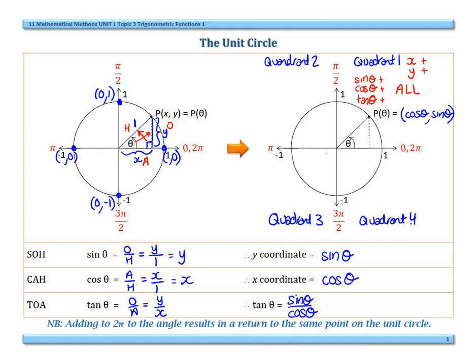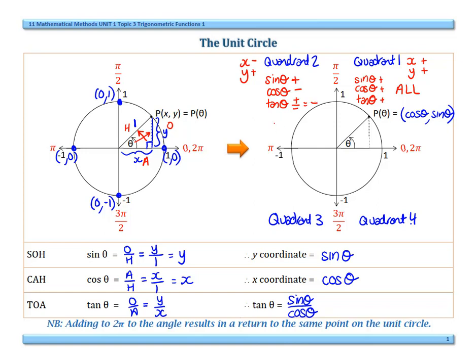In my second quadrant here, my x coordinate will always be negative. So x is negative, but my y coordinate will be positive. So in my second quadrant, sine theta, which is y, is going to be positive. Cos theta, which is x, is going to be negative, and tan theta, which is sine theta over cos theta, is going to be positive divided by negative, which is negative.